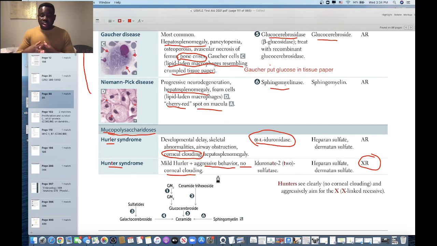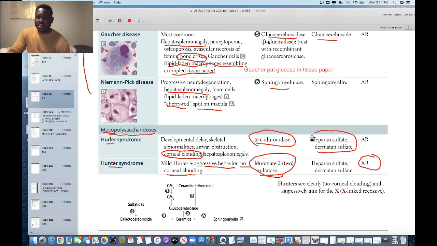So for the enzyme deficiencies, Hurler has alpha-L-iduronidase, whilst the Hunter has iduronate-2-sulfatase. Yeah, they'll put the 2. So if you see L for Hunter, you can eliminate it. If it doesn't comply with your question, just take it out and you choose the other one. And they all have iduronate something in it.